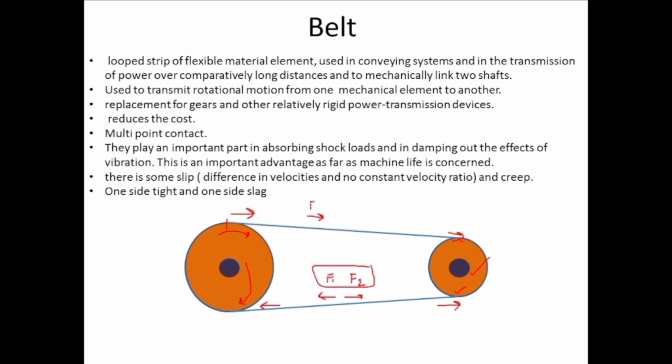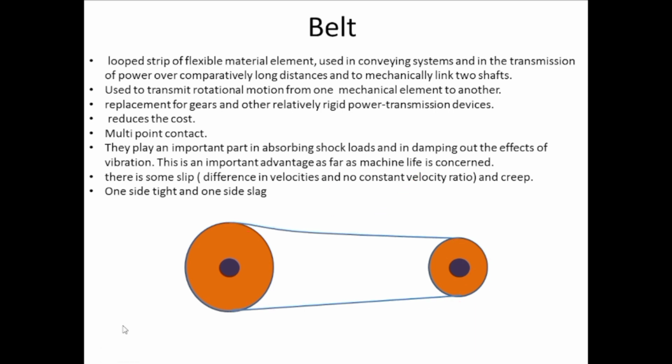You can see if this is F3 and this one is F4, both are in the same direction. Here there is tension 1, and at this point there is tension 2. So tension 1 will be greater than tension 2. Since tension 1 is greater, this side will be tight and this side will be slightly slack, like this. This is the apparent sag in the belt.